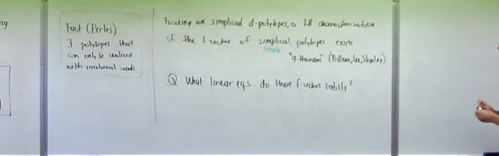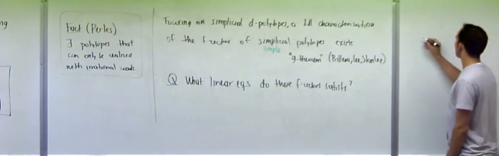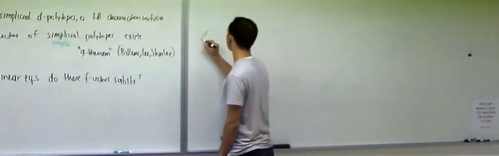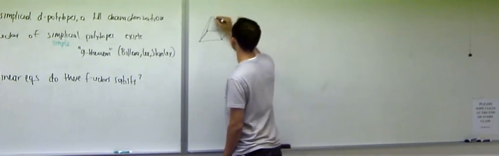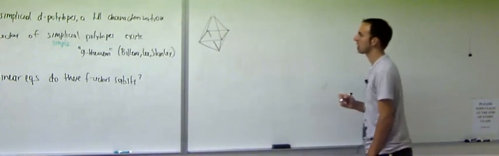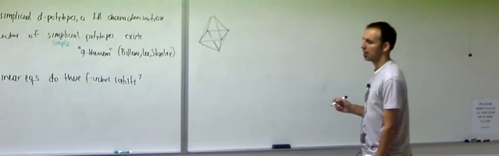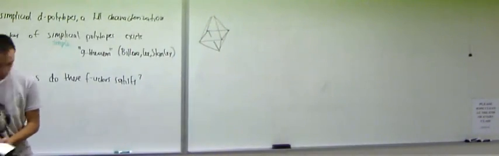So we know this for simplicial or for simple polytopes. Okay. So let me show you something kind of miraculous here. Let's consider this simplicial polytope, the octahedron. And let's write the F vector.